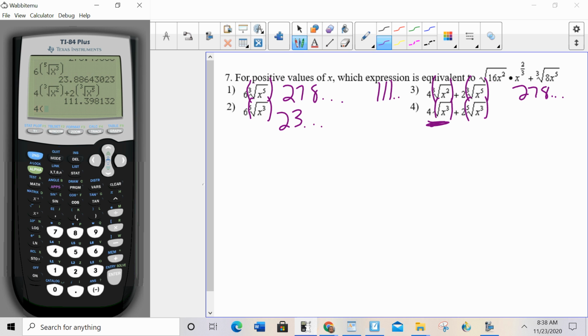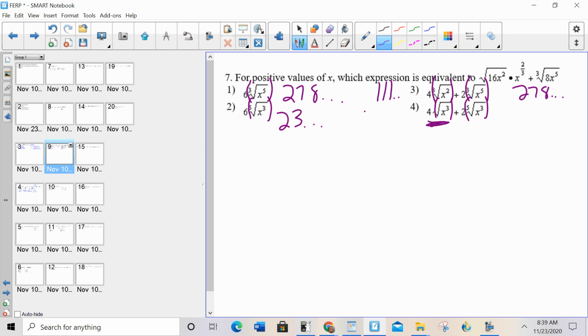parentheses, regular radical, x to the third, plus 2 parentheses, fifth root, 5, math 5, x cubed, close the parentheses, 134, ... Which one matches up?